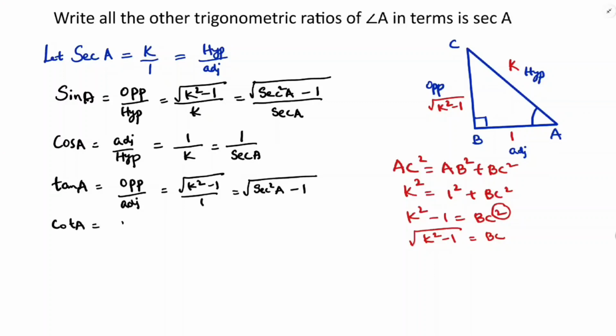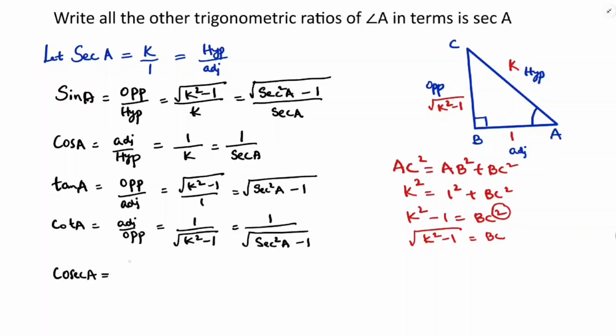Cot A. Cot is adjacent by opposite. Adjacent is 1, opposite is under root k square minus 1. So 1 by under root secant square A minus 1. Next, sin, cos, tan, cot, sec. Already we have sec as it is, k is sec A only. So I'll write cosec.